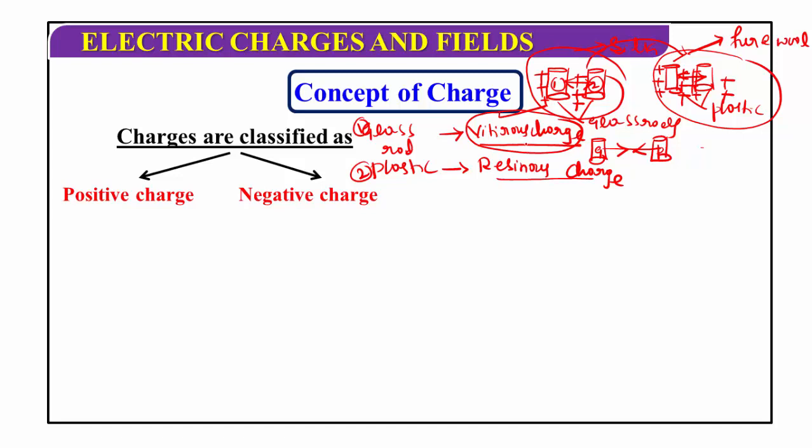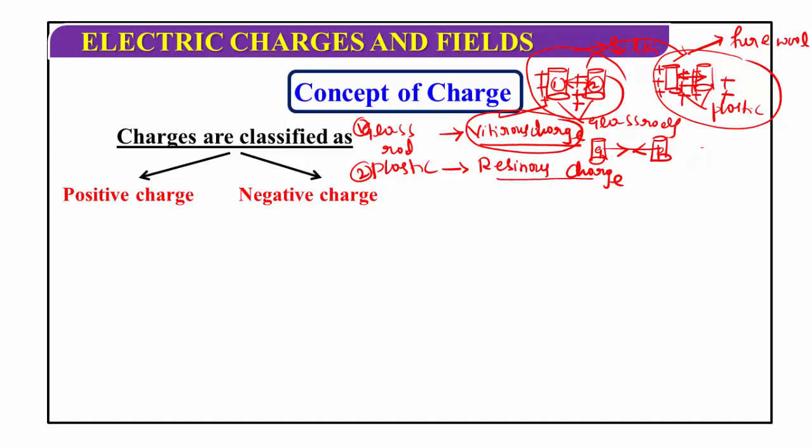For example, a ground glass rod develops resinous electricity, while a highly polished ebonite rod develops vitreous electricity. After that, Benjamin Franklin, an American pioneer of electrostatics, introduced the present day convention by replacing the terms vitreous charge and resinous charge.